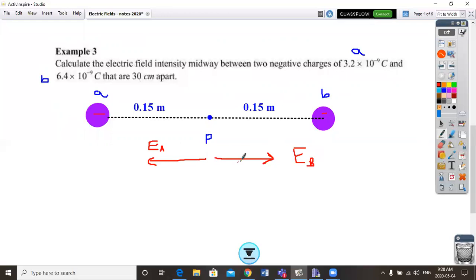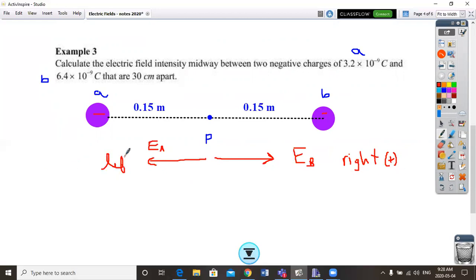So notice that the two fields are in opposite directions. One of them is going to be the positive direction and the other the negative direction. By convention, to the right is positive, not due to the positive charge, but just because it's the positive direction.